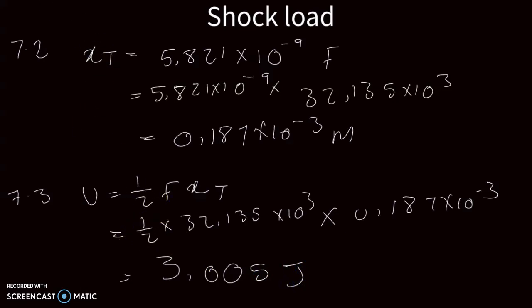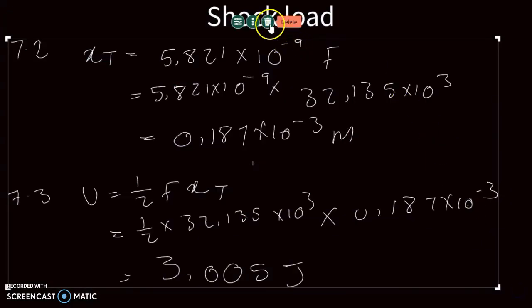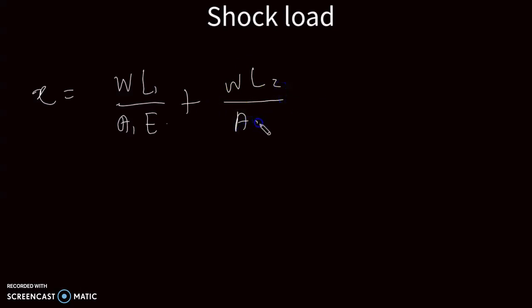They say calculate the final extension after impact. No final extension is associated with gradually applied load. Therefore, our extension will be given by the weight, length number 1, divided by A1E plus weight and length number 2 divided by A2E.